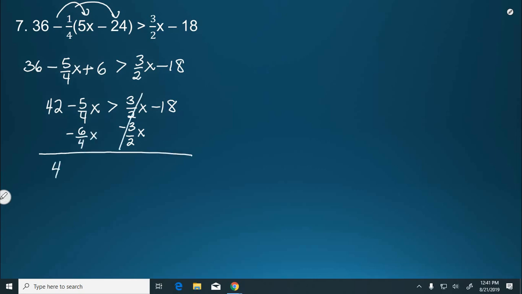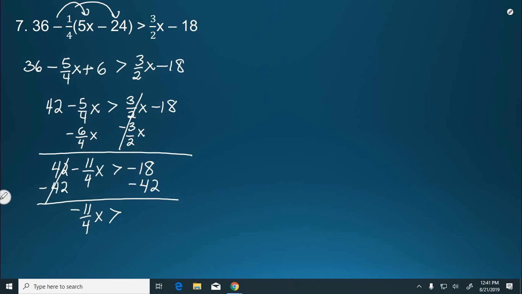So now I got 42 minus 11/4 x is greater than negative 18. Make sure you bring down the negative with the 18. I can subtract 42 from both sides. So I've got negative 11/4 x is greater than negative 60.